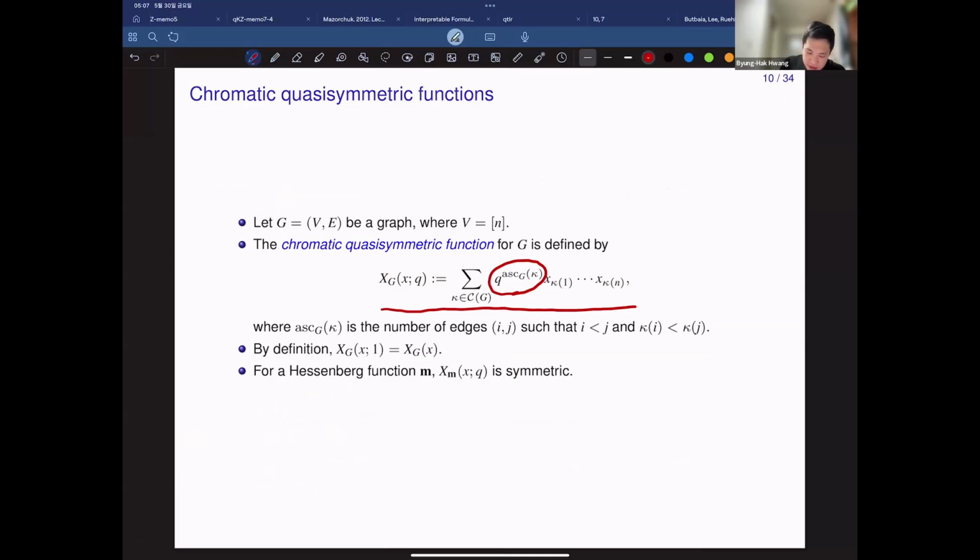But in this talk, the definition of ascent is not important, so I will skip it. By definition, when q equals 1, the chromatic quasisymmetric function is the chromatic symmetric function. In general, the chromatic quasisymmetric function is not a symmetric function. But if you take your graph from a Hessenberg function, then the chromatic quasisymmetric function is a symmetric function.